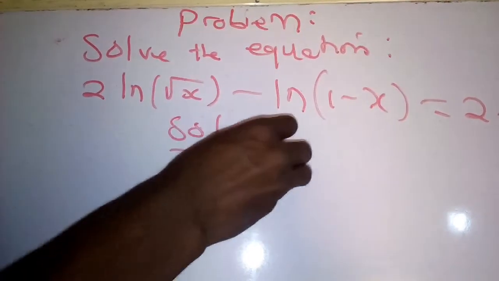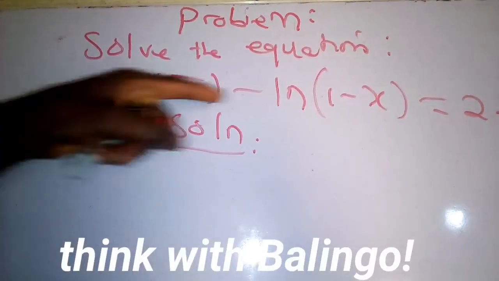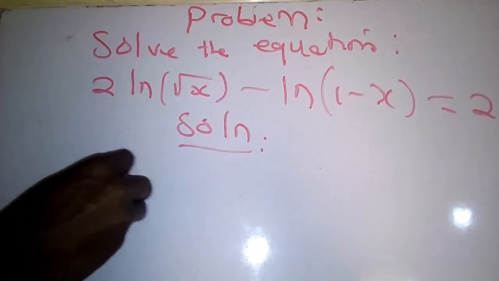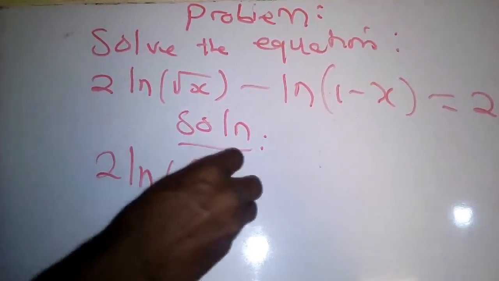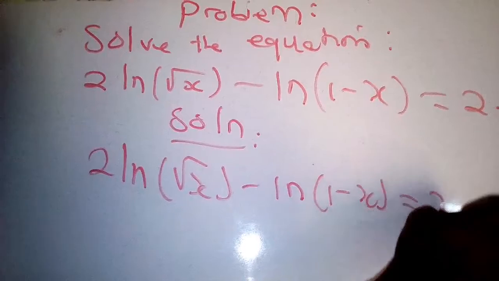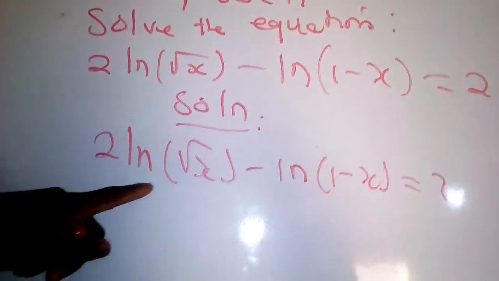Solution. We will be applying the laws of logarithm here. This is the equation: ln square root of x minus ln of 1 minus x equals 2.